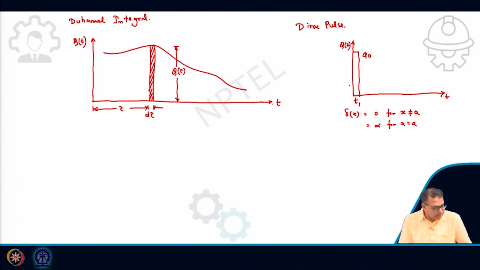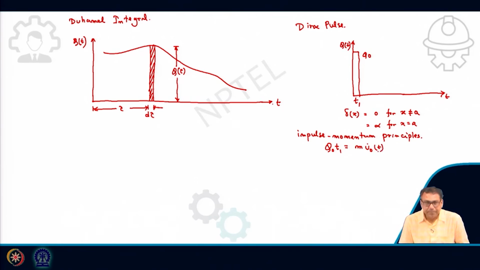Now when you apply this type of loading and use the impulse-momentum principle, we get Q0 times t1 equal to m times U0 dot.